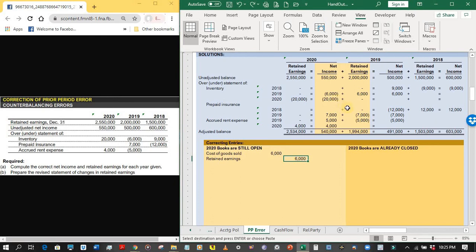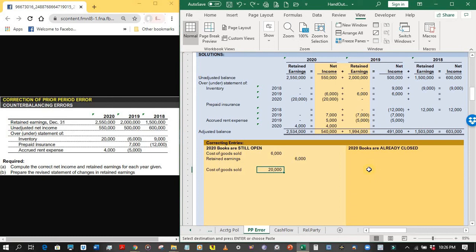And what nominal account should be debited, since this is a decrease, that is related to inventory? So again, that is cost of goods sold. So our journal entry would be a debit to cost of goods sold for 20,000 pesos. And the account to be credited is the ending inventory.